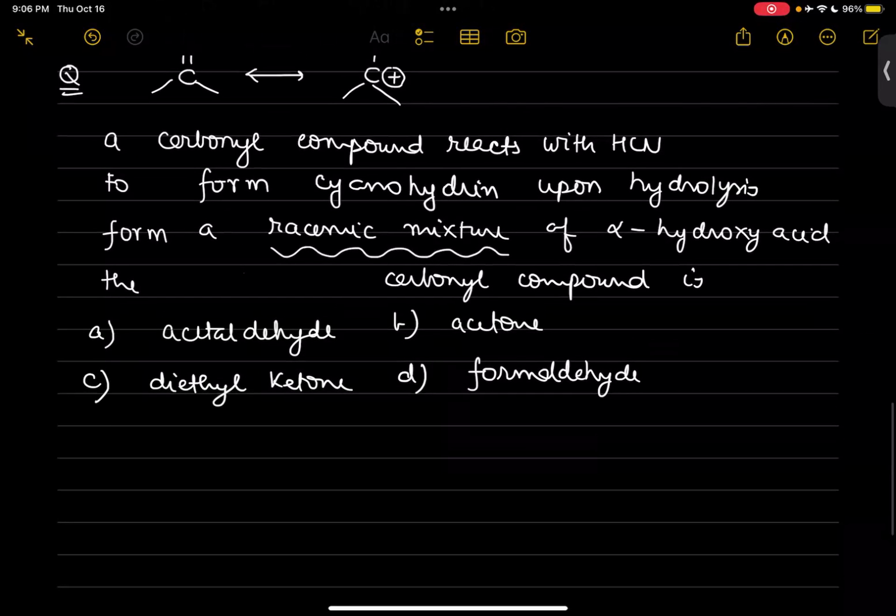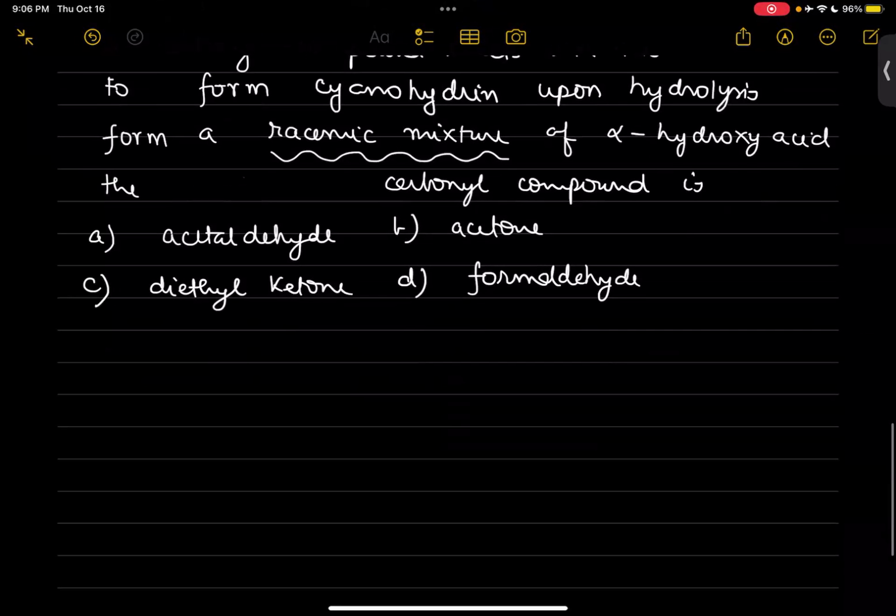A mixture of a pair of enantiomers. Yeah, a mixture of two mirror image isomers, right? And they are there when you have a chiral carbon atom.